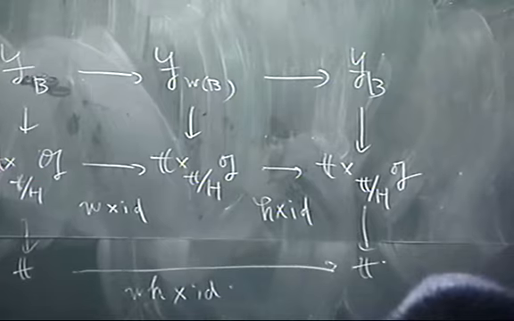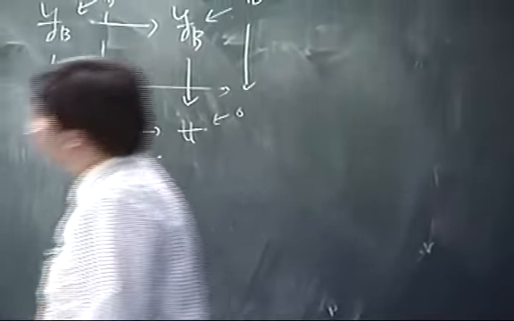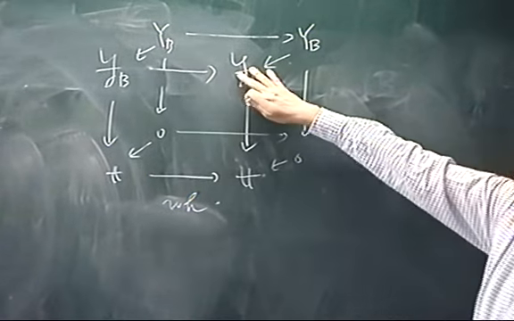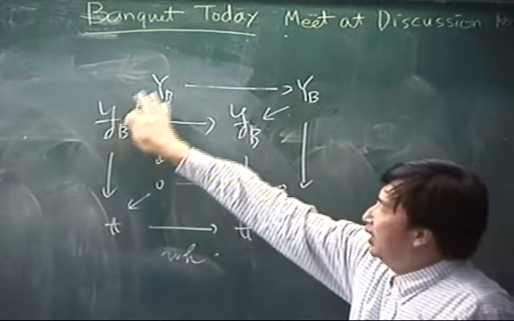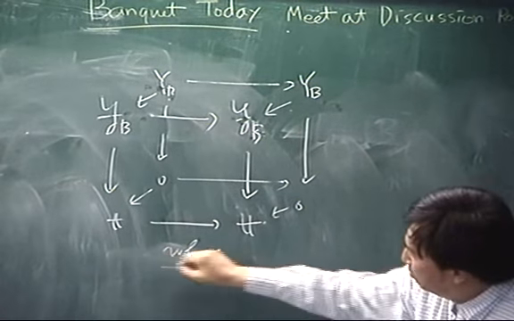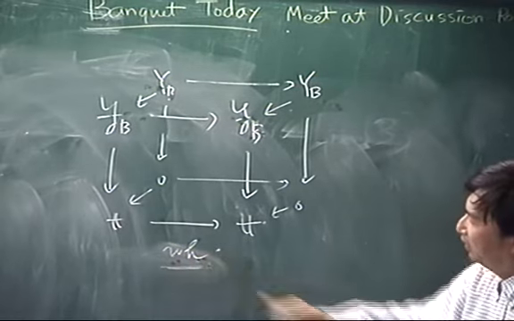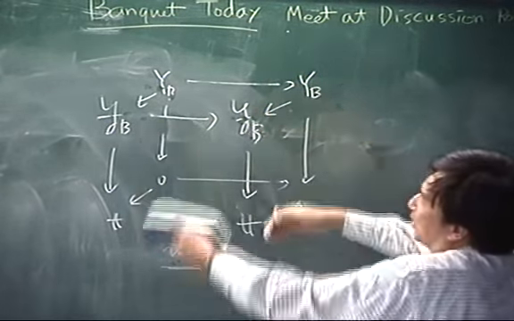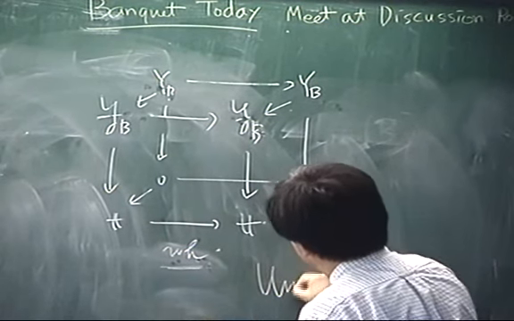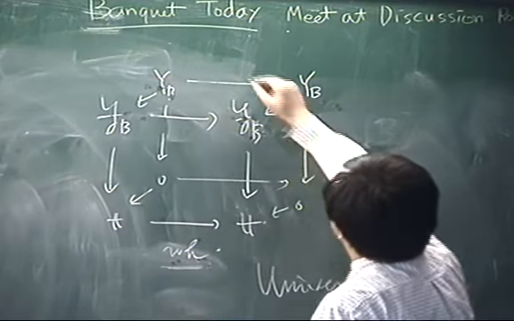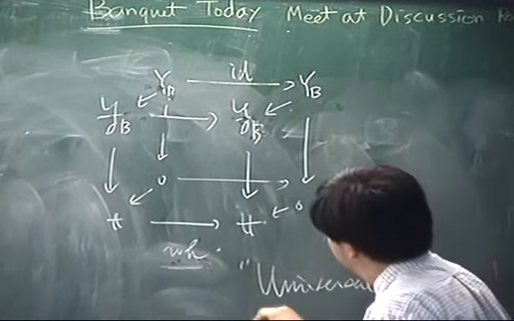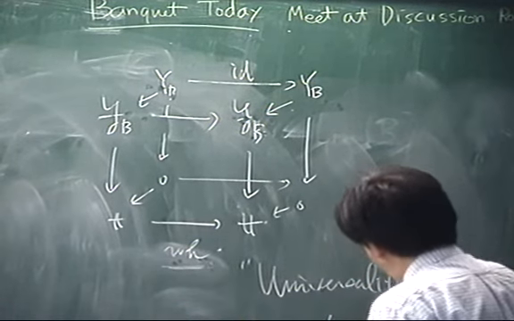But this is a universal deformation of YB. Both are universal deformations of YB. But if WH is not identity, you have two different universal families. It is a contradiction. So by the universality, this is just identity. Universality implies that WH is just one.